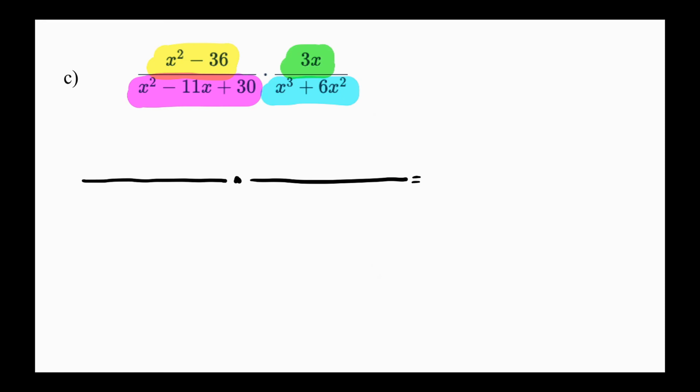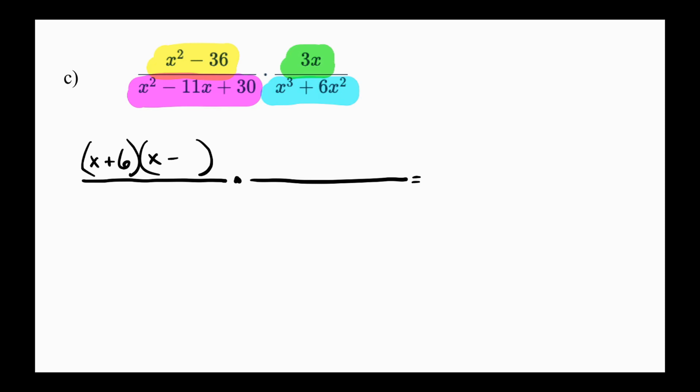Okay, so start with the yellow. Yellow is a binomial. So the yellow does not have any GCF besides 1. Is it a difference of squares? Yes, it is. What does it break down to?